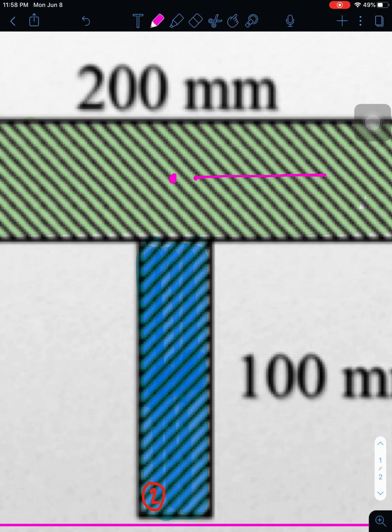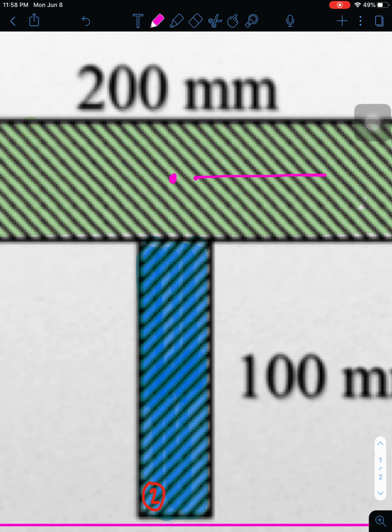And for the other one, it's found here. And this is Y1. And then here for the second area, this is Y2. Alright, so that's all for area 1, area 2, Y1, and Y2.